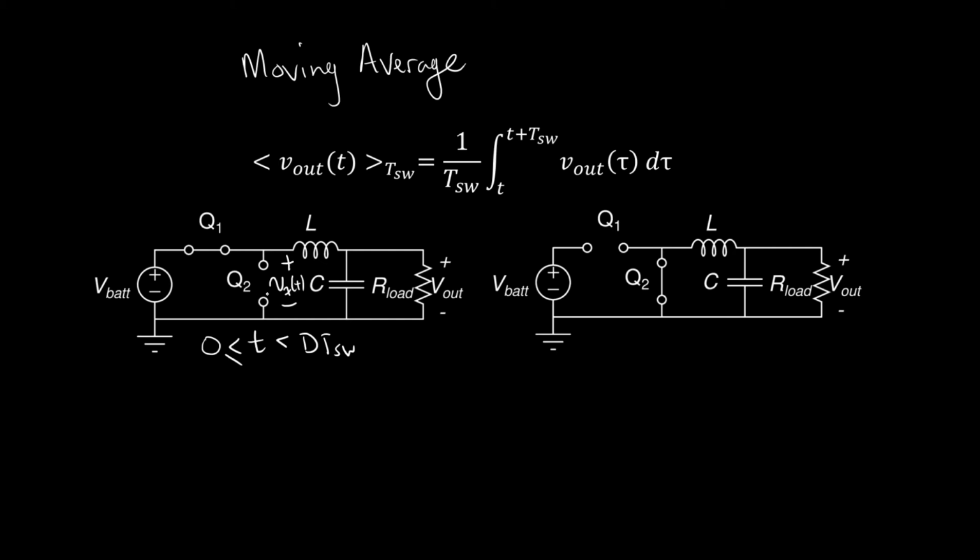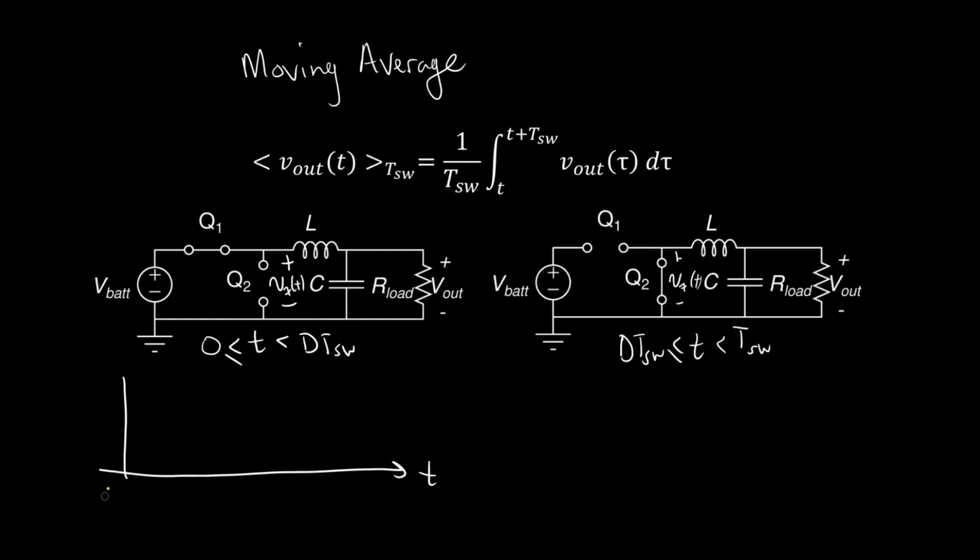So the first switching state occurs when time is between 0 and D Tsw, and the second switching state is when time is between D Tsw and the end of the switching period. If we were to draw a graph of the switching node as a function of time, it would look something like this.